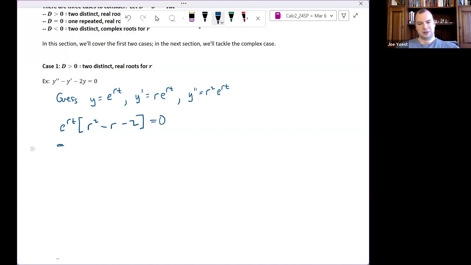This tells me R squared minus R minus 2 equals 0, or R minus 2 times R plus 1 equals 0, which says that R equals 2 or R equals -1.